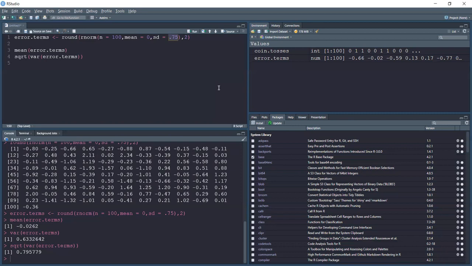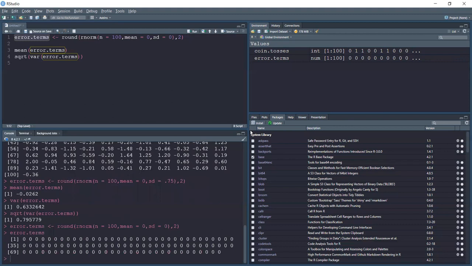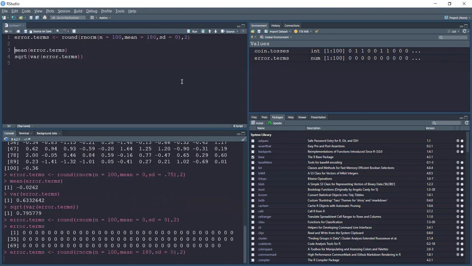And we decided, let's give it a standard, what did I take yesterday? Was it the standard error? Let's take a standard error of 0.75. And you will never have a standard error of 0. And in fact, what if I do 0? Do you get an error? I'm curious. If the standard error is 0, let's take a mean of 100. Let's take people's height, a mean of 180 centimeters.